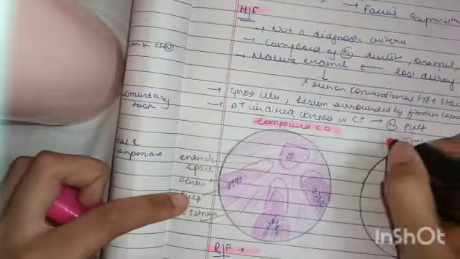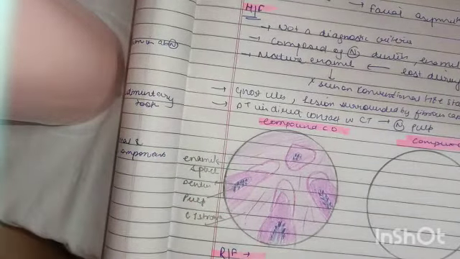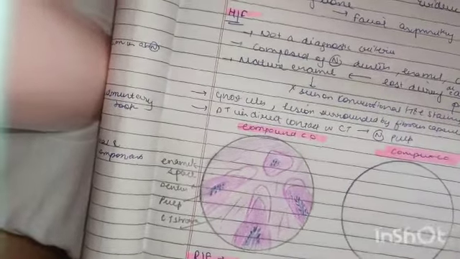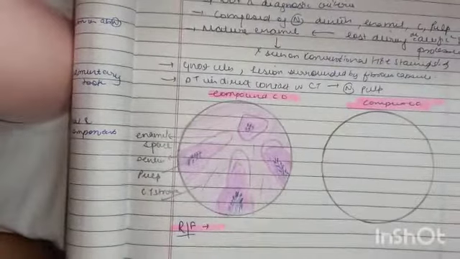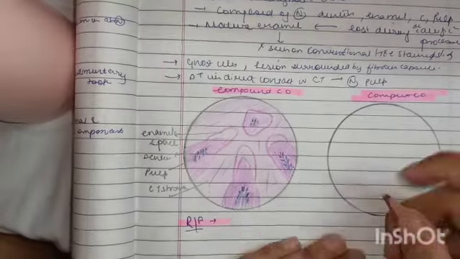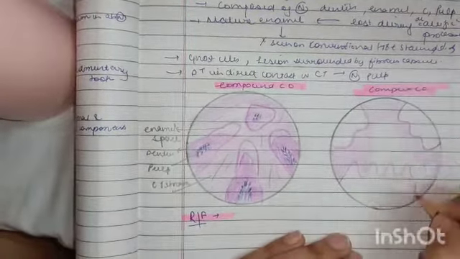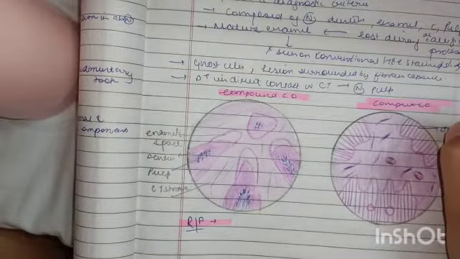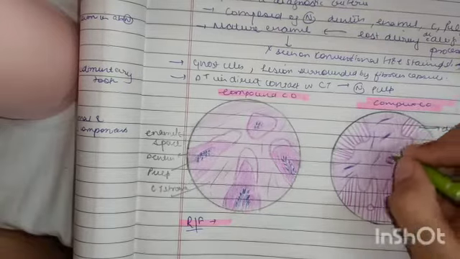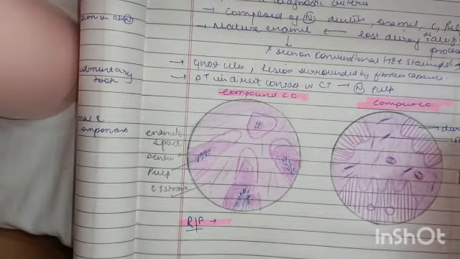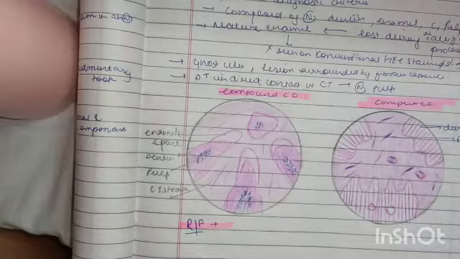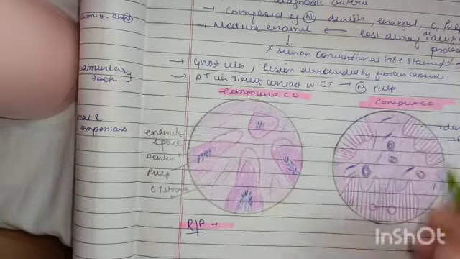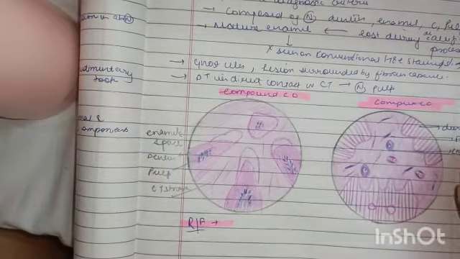All right, now let's draw the complex odontome. Just let me highlight it. Yeah, so complex odontome. So this is the dentine. This is the fibroblast. Forgot to draw one thing. This is the cementum.